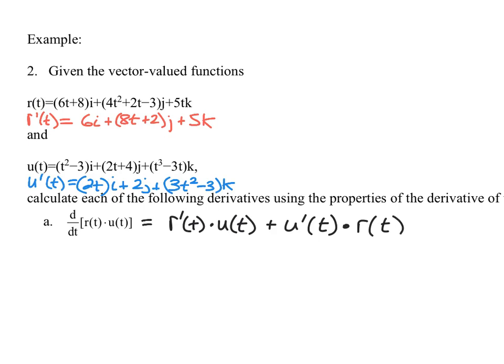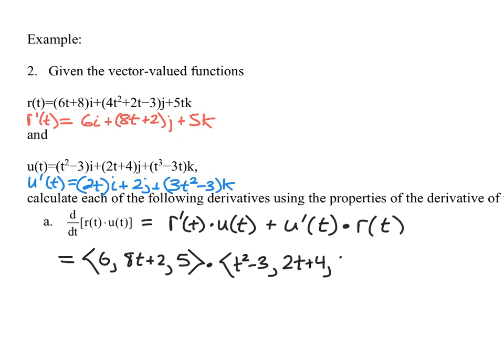All right, so I'm dotting two vectors in each case. I'm going to write them in component form. 6, 8t plus 2, 5 dotted against something a little bit more elaborate: t squared minus 3, 2t plus 4, t cubed minus 3t.